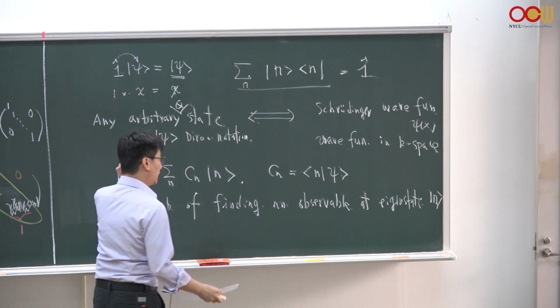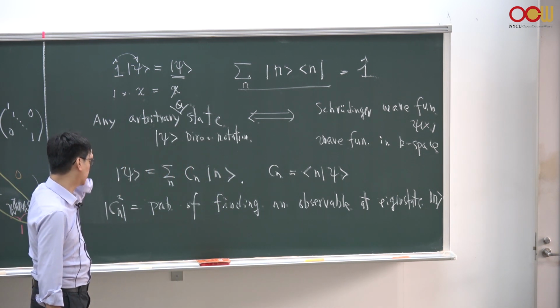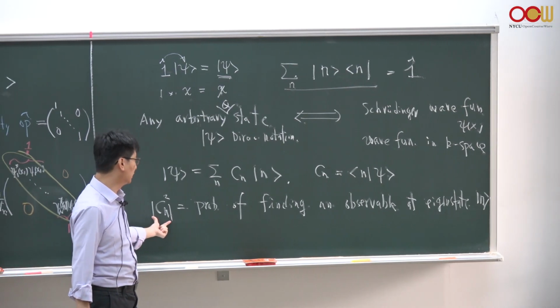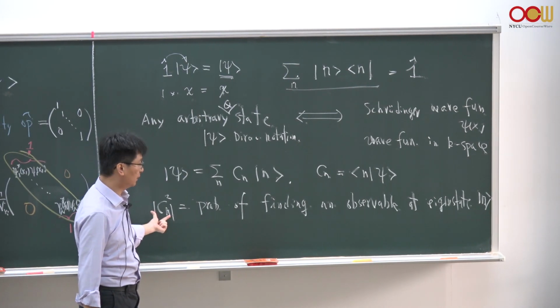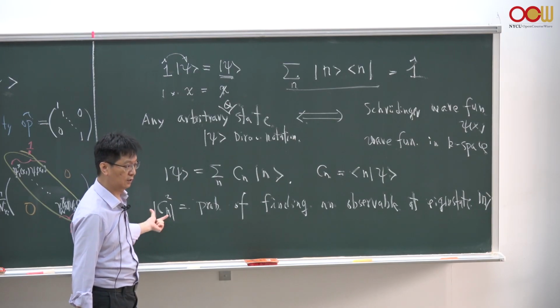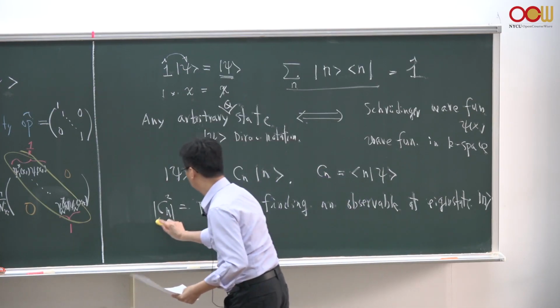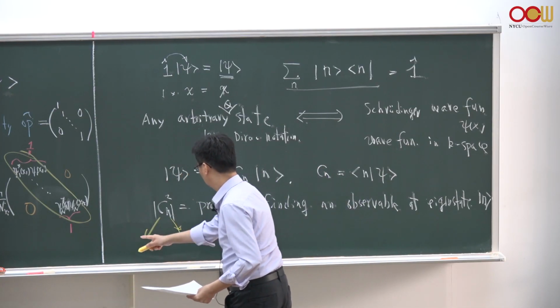Okay, so we will take advantage of such an interpretation, and we will argue that this probability of finding an observable to be at eigenstate, the Cn squared, can be any one of these two.